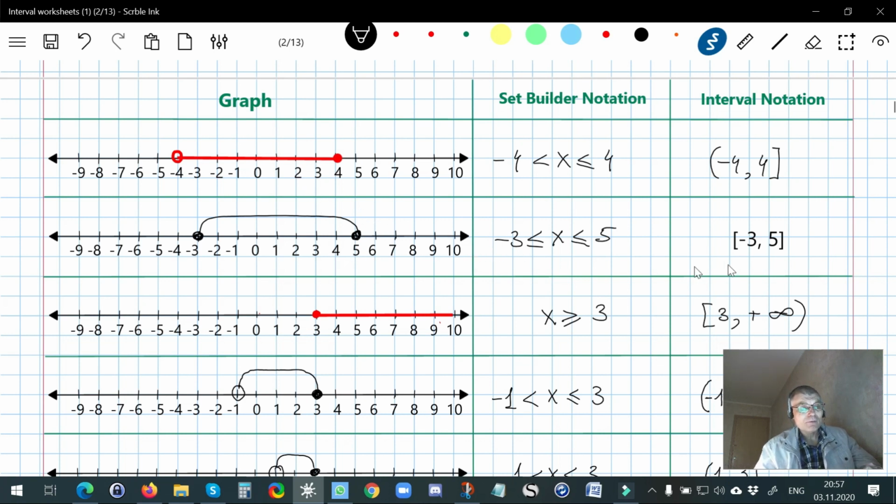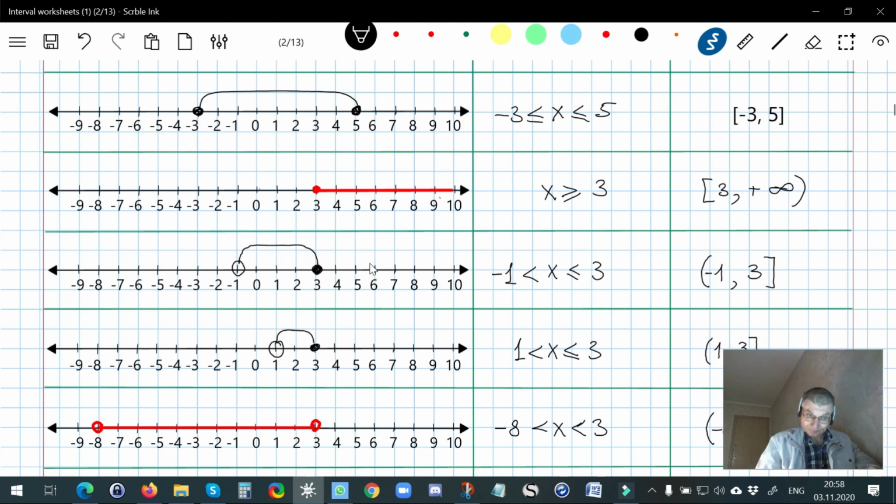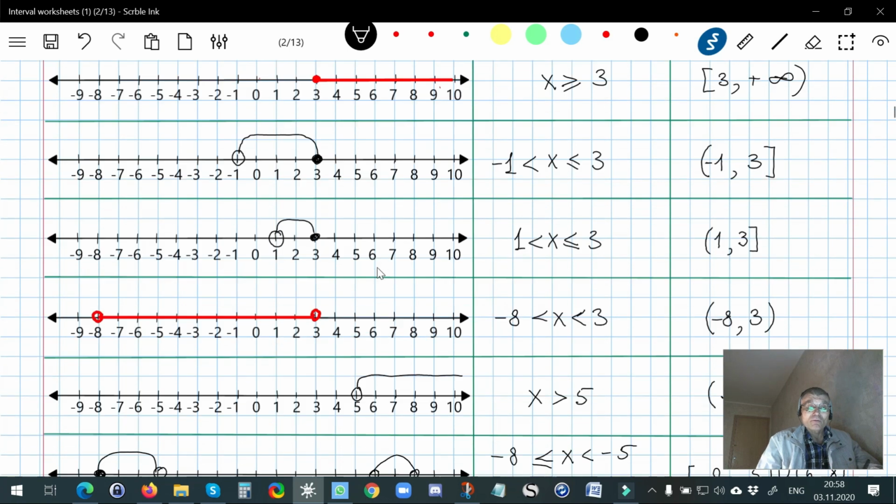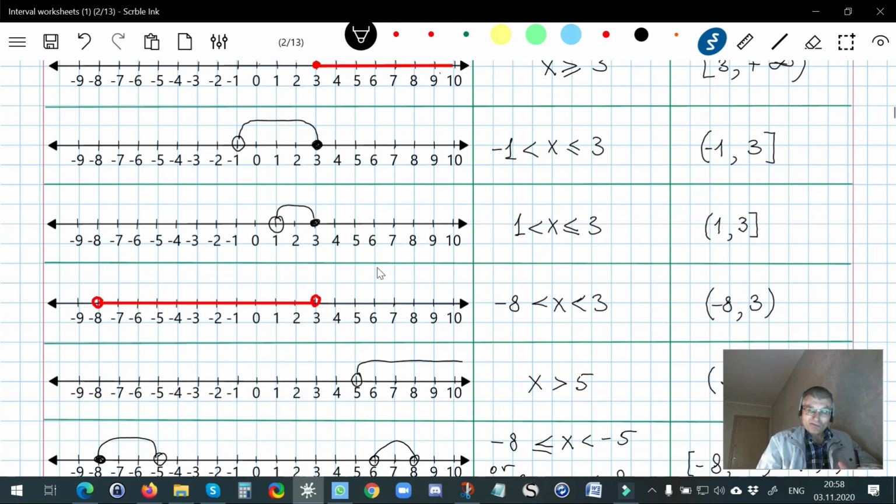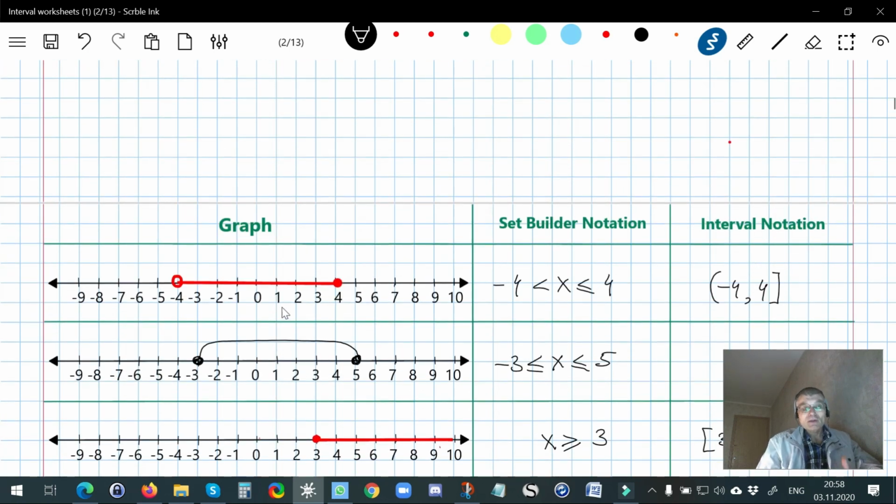But all notations are equally important. Maybe the most frequently used is interval notation. But we have to understand set builder notation as well. And as for graph notation, graphic representation, it's best for us. And by the way, when we solve difficult systems of inequalities, graph representation becomes very important.